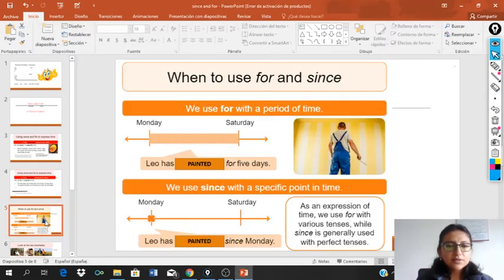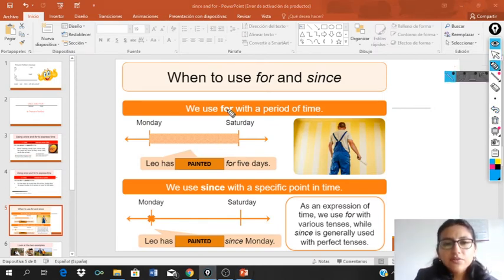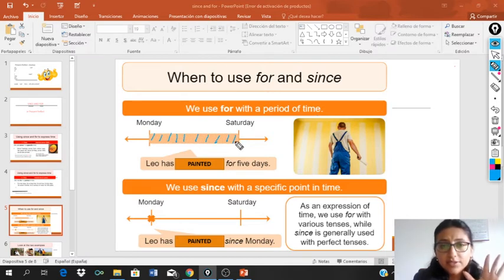In this case, for example, here we use for with a period of time. Leo has painted for 5 days. It means that Leo has painted the wall Monday, Tuesday, Wednesday, Thursday, Friday, Saturday, during these 5 days.